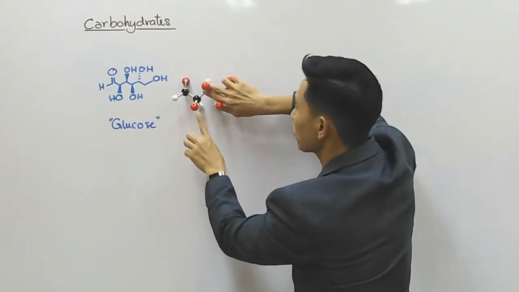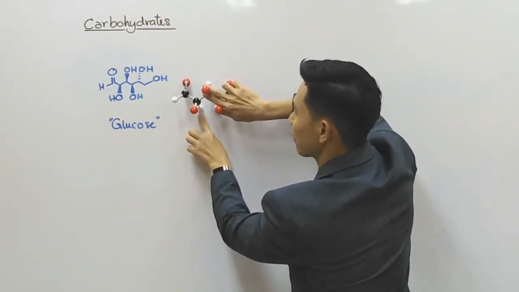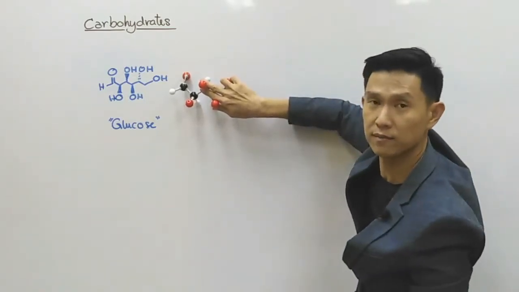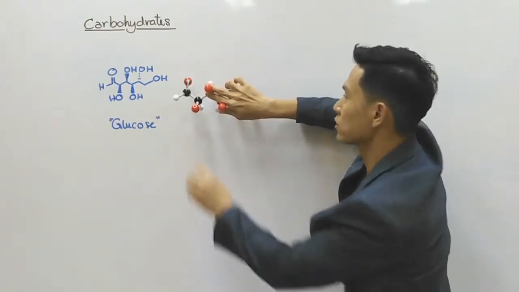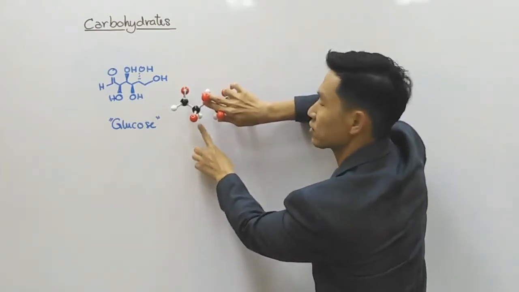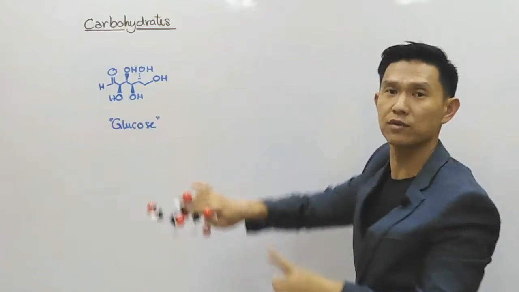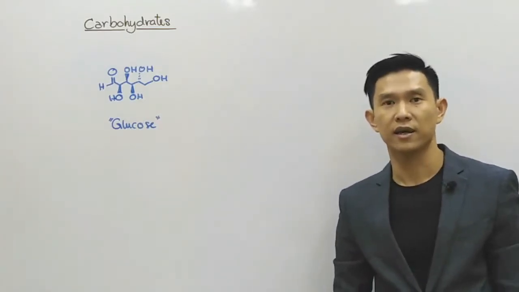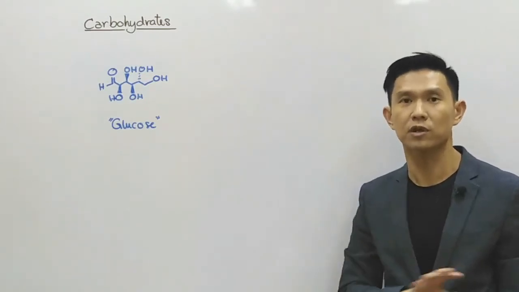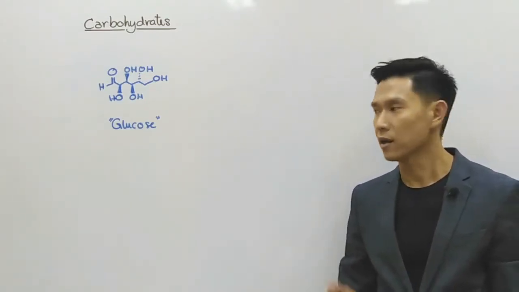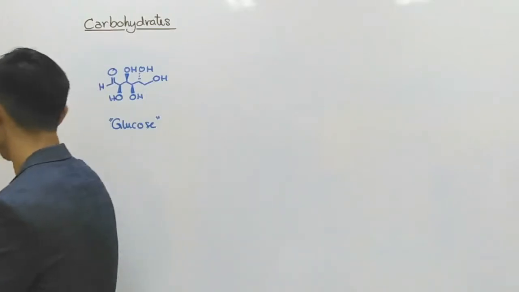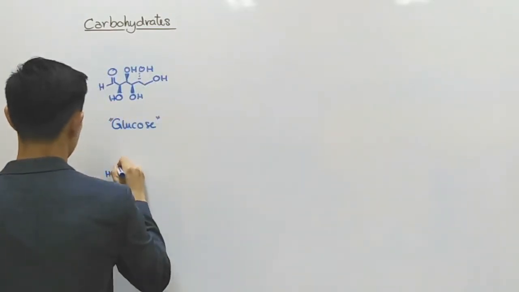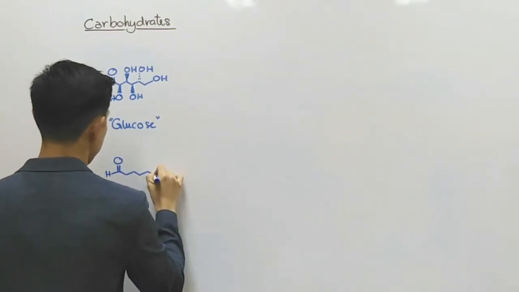If you want to point this O down here, you have to break the bond and swap places with the hydrogen atom. So if you swap this O with the hydrogen down here, you have a new kind of molecule, a new kind of monosaccharide, and the name is changed from glucose to something else completely. What I want to show you, for example here, is another kind of aldohexose that you're very familiar with the name.